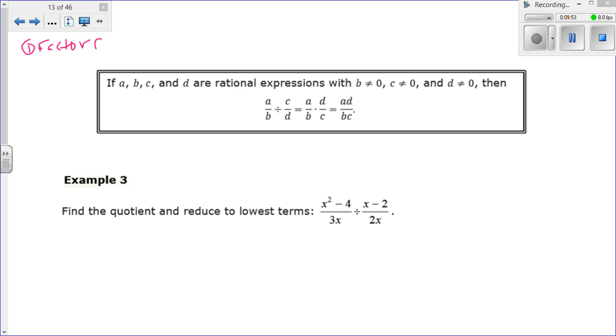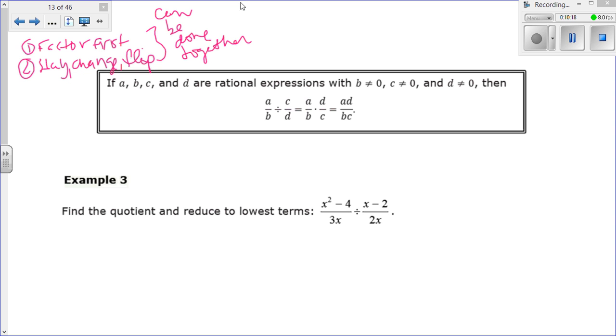first. Then do your stay, change, flip. And these two can actually be done together.